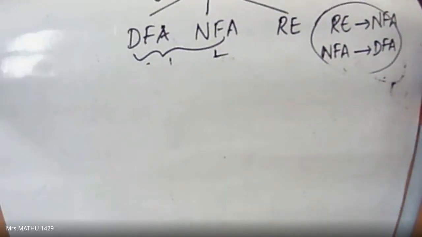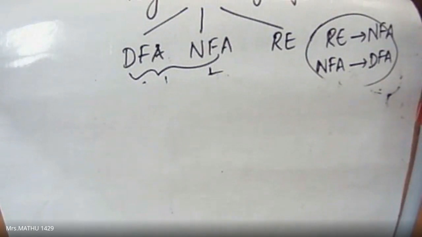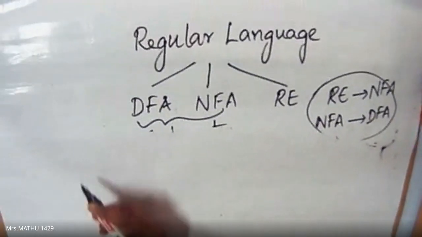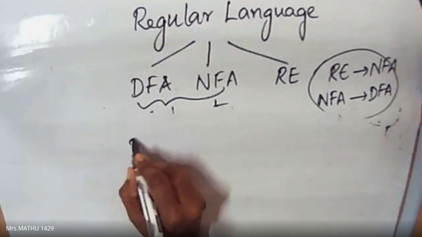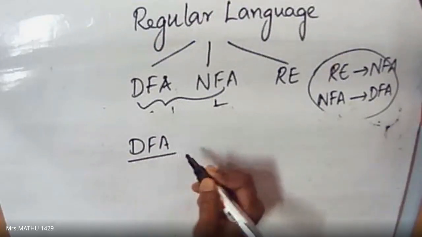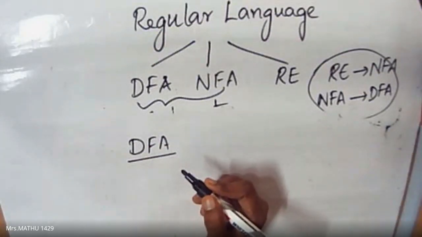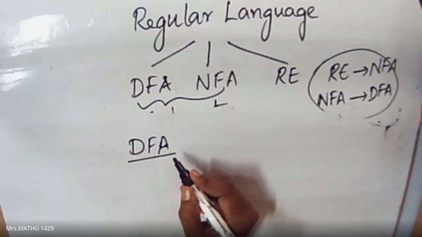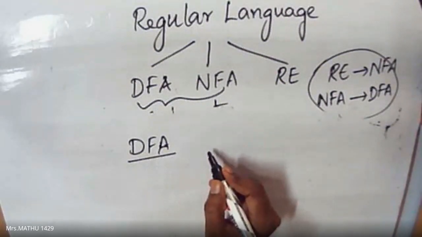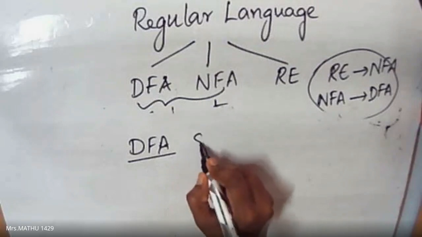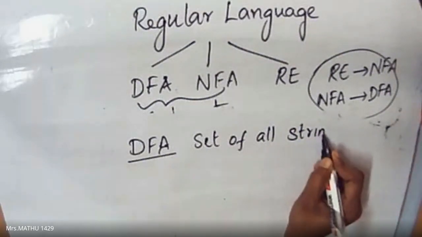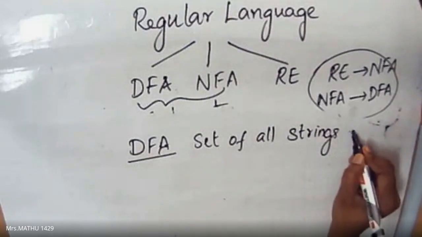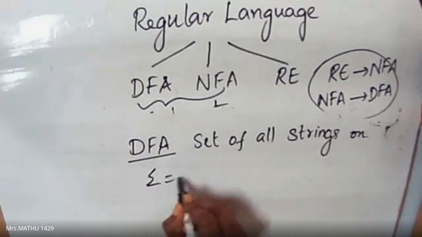Okay, I'll give you a simple example on DFA. The problem is that we want to find a DFA that recognizes the set of all strings on sigma equal to a comma b.